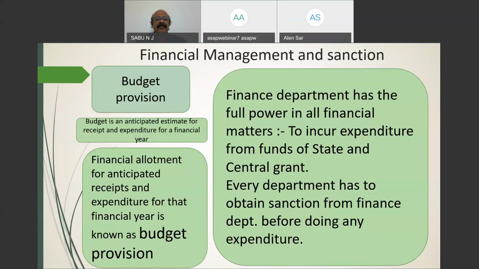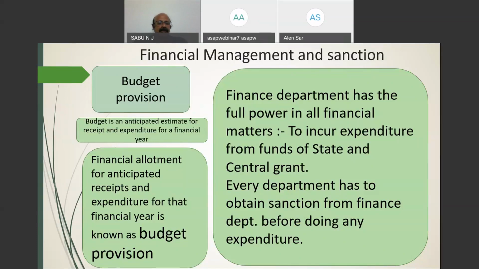Actually, it is an annual estimate. With this estimate, we expect some revenue for the government, and we have a plan to spend that money in this coming financial year.